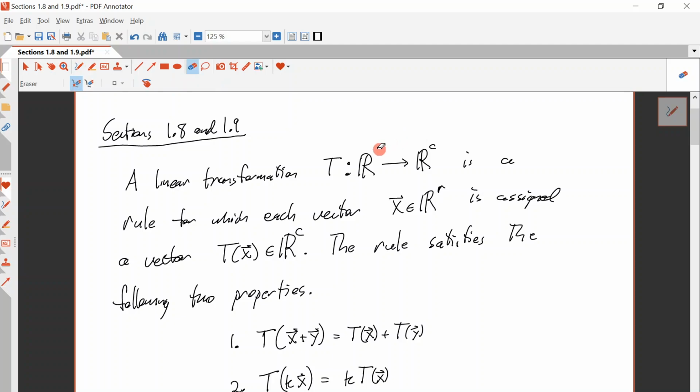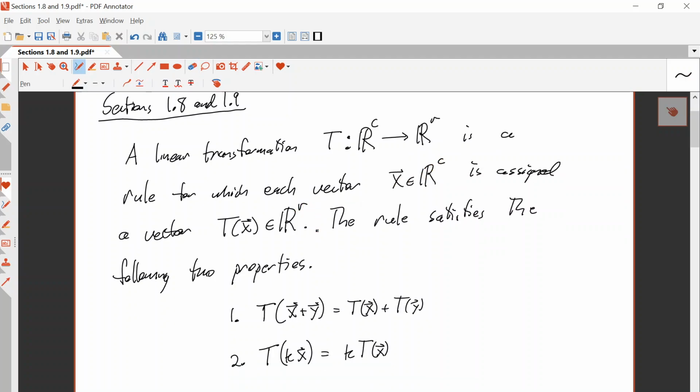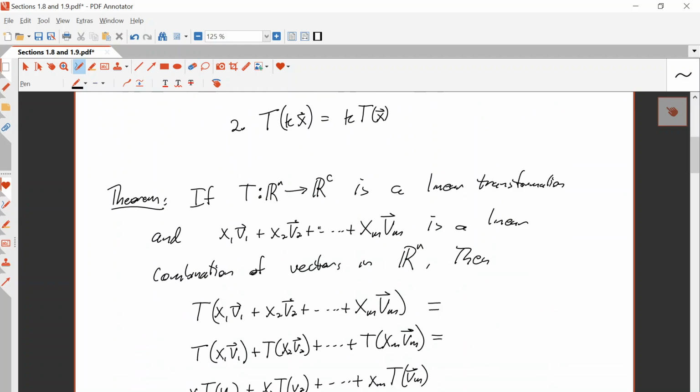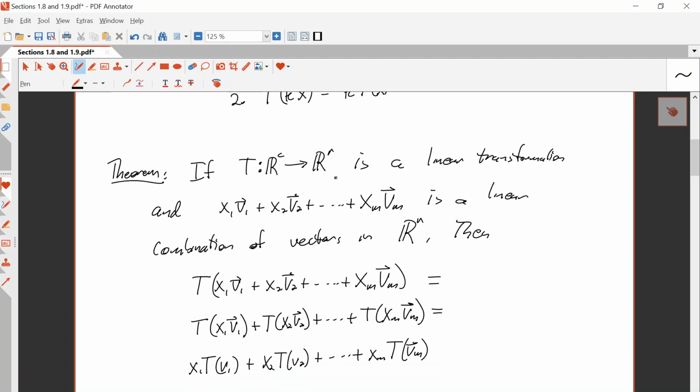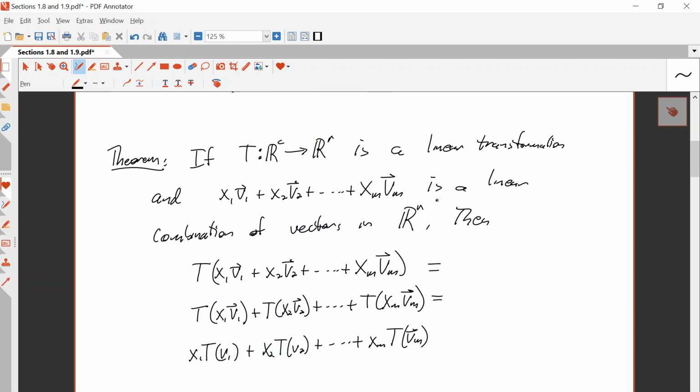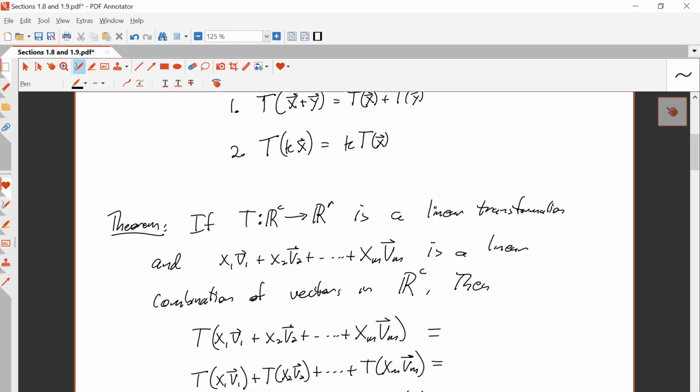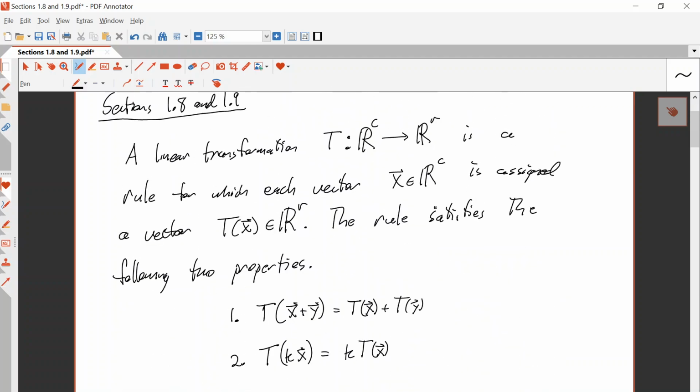These should all be R^c to R^r. So the domain is R^c.